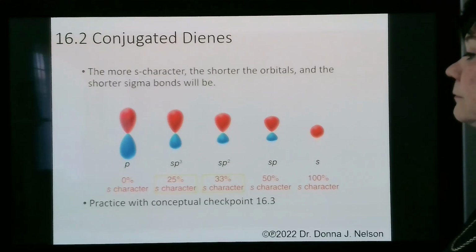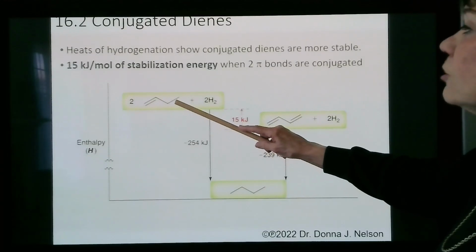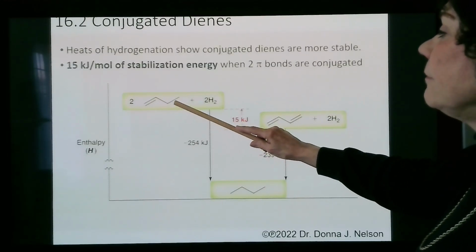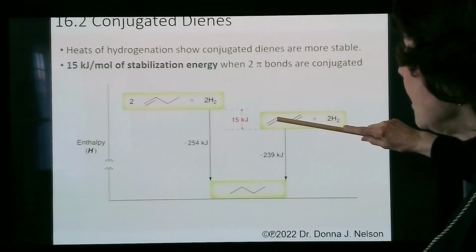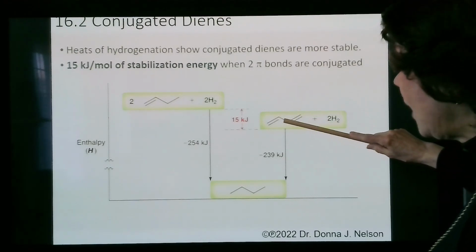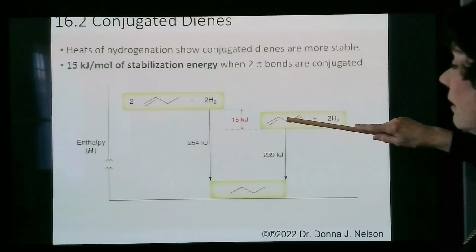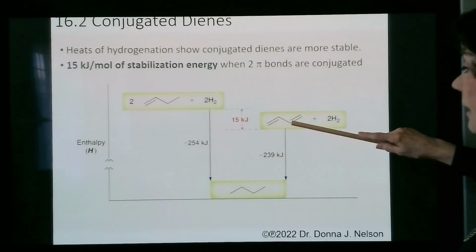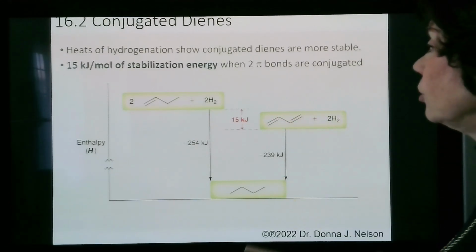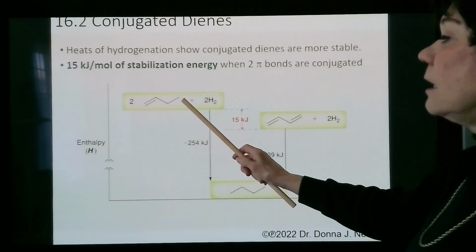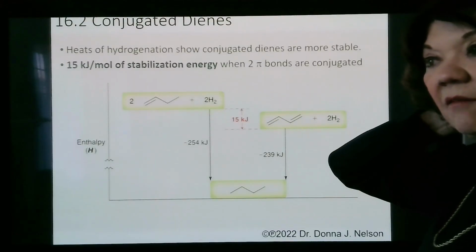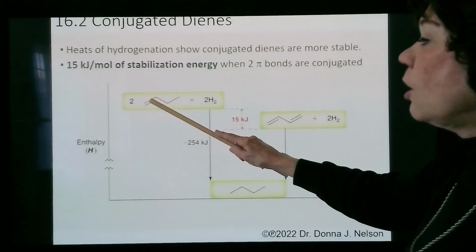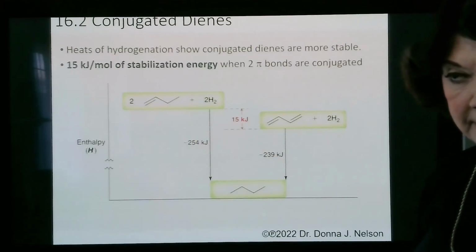So let's look at the heats of hydrogenation that are used to determine or measure the amount of conjugation and the stabilization that is incurred in a diene because of the conjugation. So if we take 2 moles of butene, here you have carbon-carbon double bonds, which are isolated.